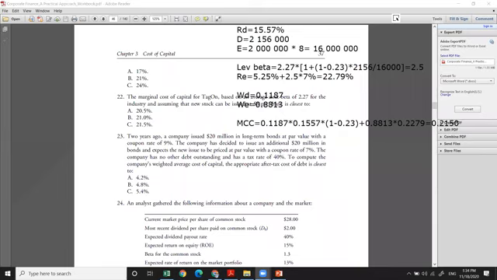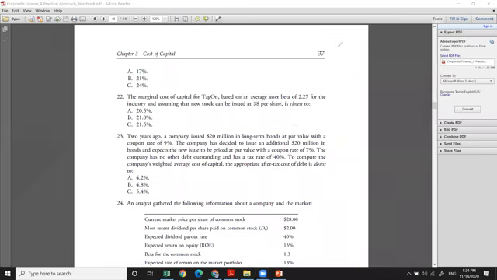But here you don't have to make any calculation, it's straightforward. What is given here is the tax rate, and the coupon rate is 7%. Then what is your YTM? If the bond you issued, the 20 million bond, is issued at par value, and the bond value and the par value are equal, your coupon rate and YTM are equal as well.